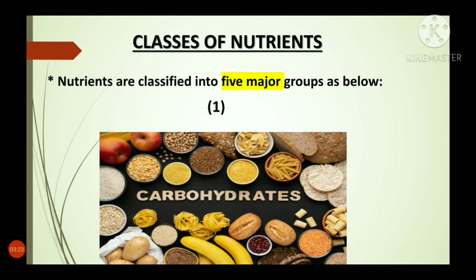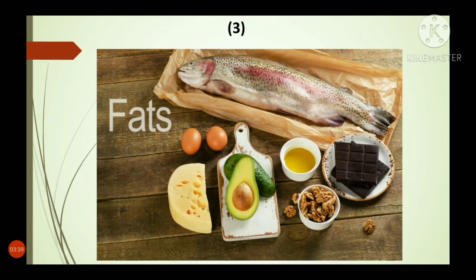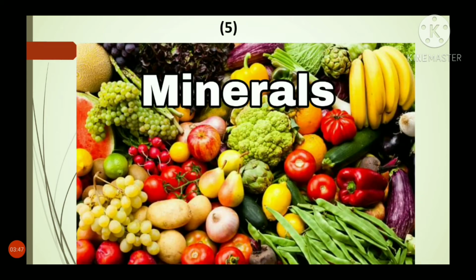All grains are said to be carbohydrates and a few fruits are also available. Next is proteins. Next, fats, vitamins, minerals. There are 5 major groups of nutrients. They are carbohydrates, proteins, fats, vitamins and minerals. Now we will study one by one briefly.